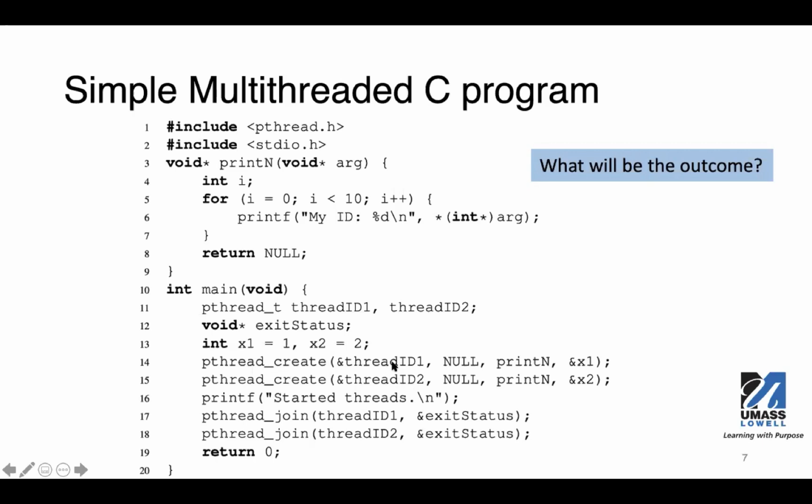And even when they are executing, there's no obligation between these two to say, oh, let me print my ID 1 first for 10 times before you print my ID 2. There's no such coordination. So you should expect to see really a mixture of these messages printed on the screen.